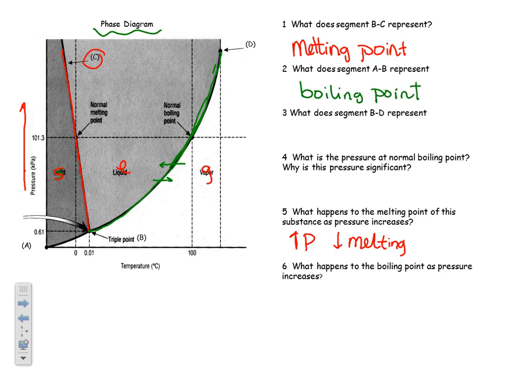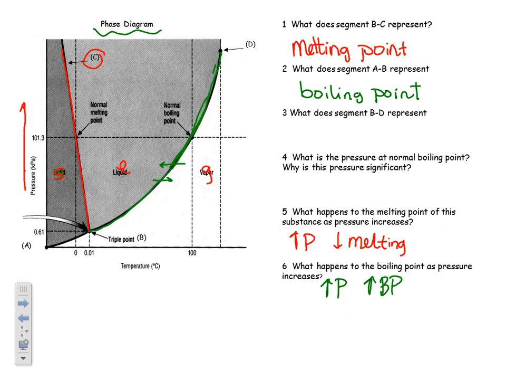And again, you can see that as the temperature increases, as the pressure increases, the boiling point also increases. This is the whole idea behind pressure cookers. What we do is we have a pot. The lid has a really tight seal. We put a teeny tiny hole in it to allow just enough gas out so the pot doesn't explode.